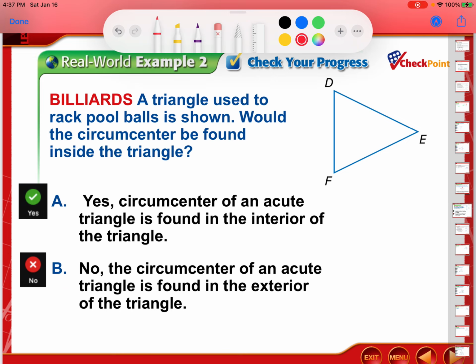A triangle used to rack pool balls is shown. Would the circumcenter be found inside the triangle? Let's do the same thing. Let's show off my art skills again.